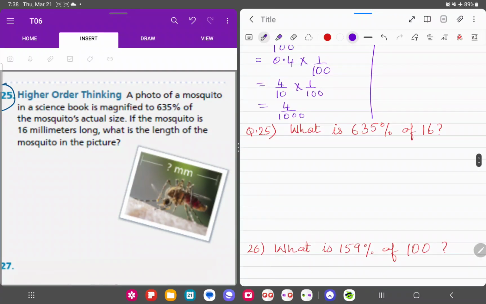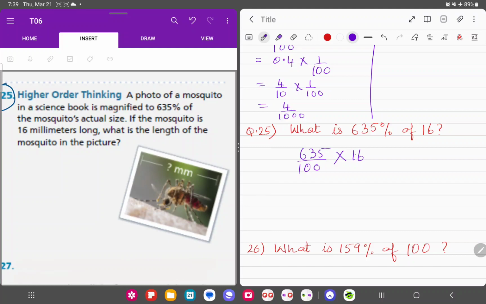Question 25 can be summarized as: what is 635% of 16? So 635% means 635 over 100, and of is always times 16. So, boys, my advice to you, whenever you have a fraction multiplied by a whole number and the fraction's denominator is a multiple of 10, which means either it is 10, 100, 1000, 10,000 and so on, always multiply the numerator.